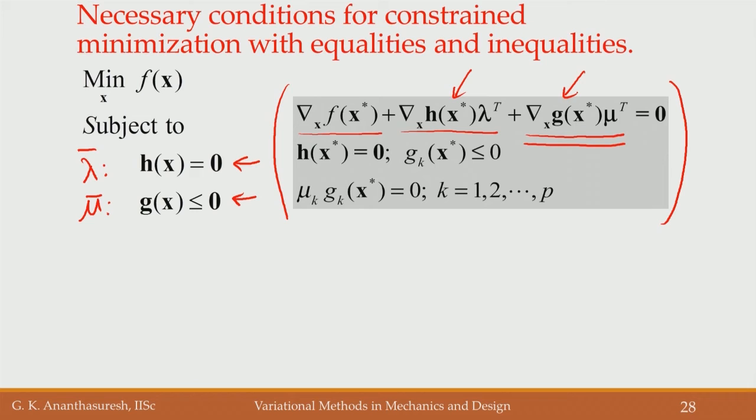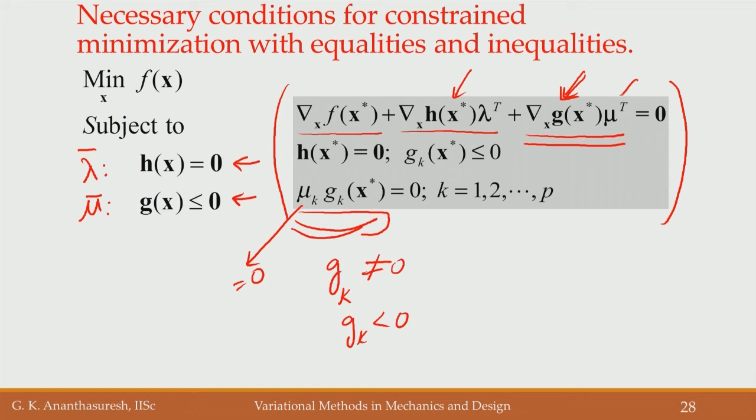Now, one might think this is applicable only for those where inequality constraints are active, but when it is inactive we have this complementarity condition, right. Whenever a certain g k is not equal to 0, it must definitely be less than 0, in which case, to satisfy this complementarity condition, this mu must be equal to 0.